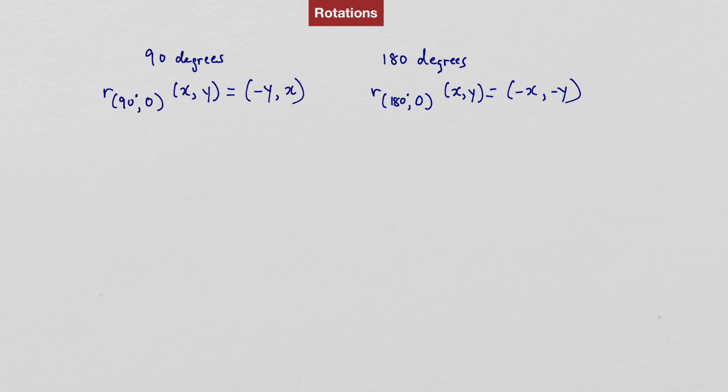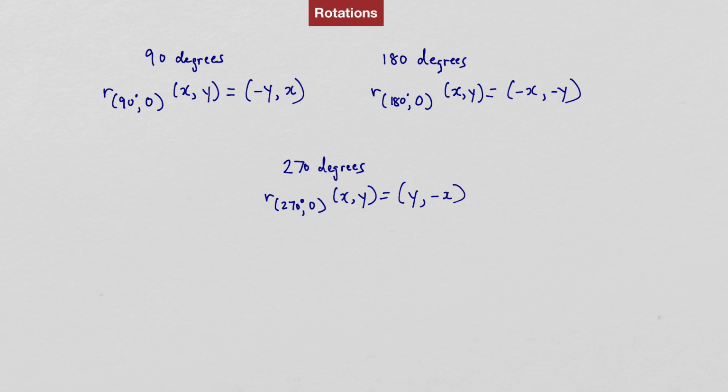And then lastly, for 270 degrees, the rotation of 270 degrees about the origin of x comma y is going to be y comma negative x.